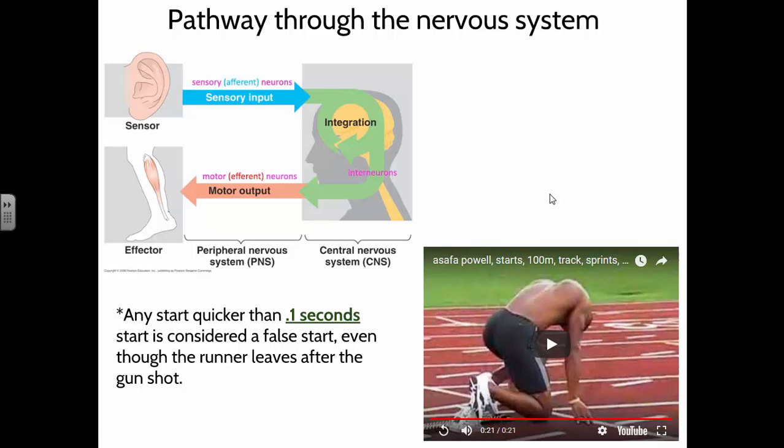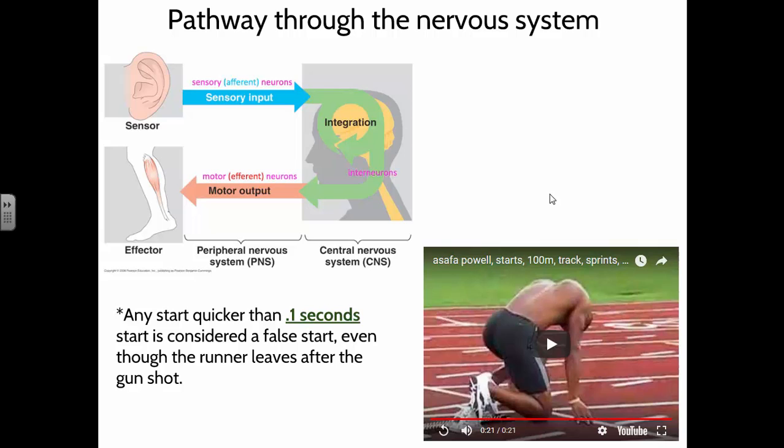But not only that, if you start any faster than 0.1 seconds, it's considered a false start. So even if the gun goes off and then you start running 0.05 seconds after the gun goes off, it is still considered a false start. Why is that true?